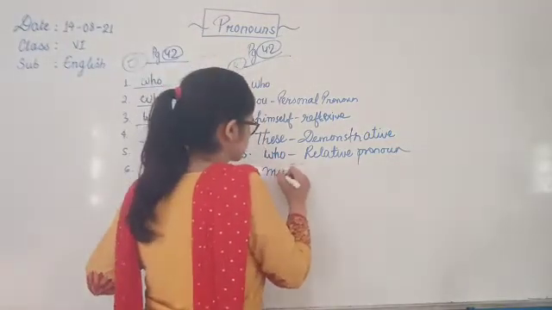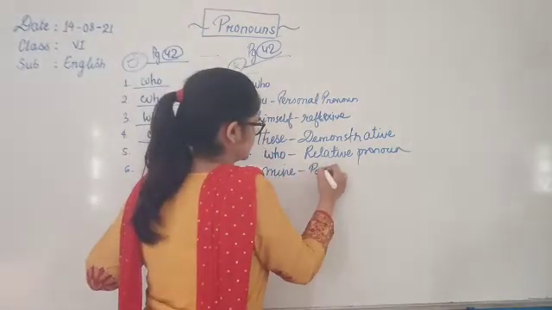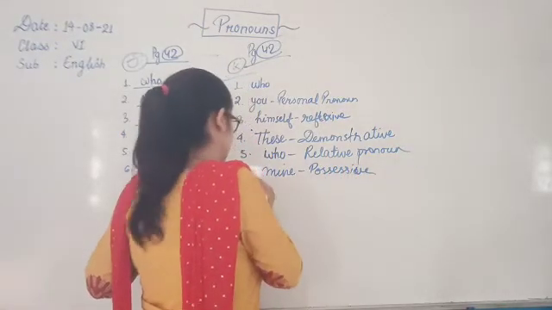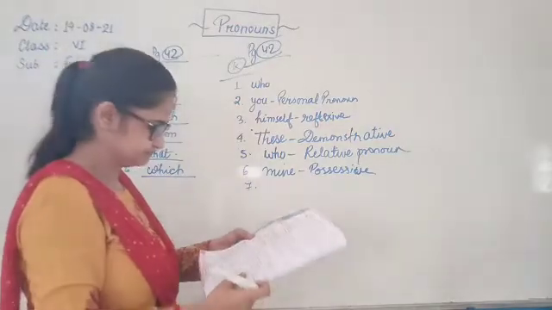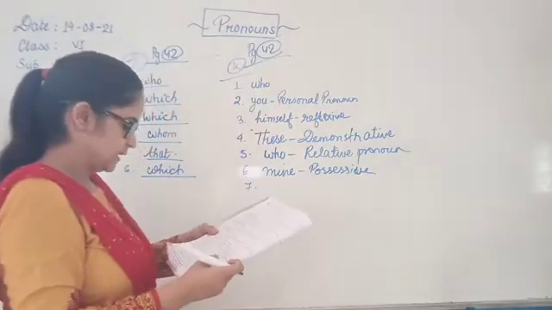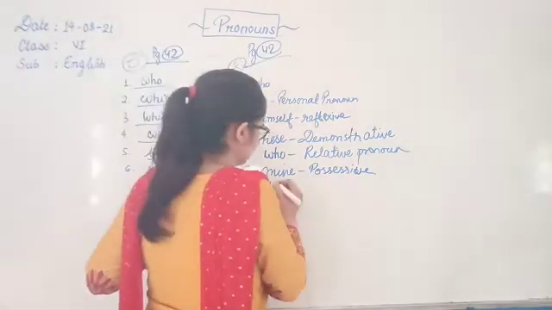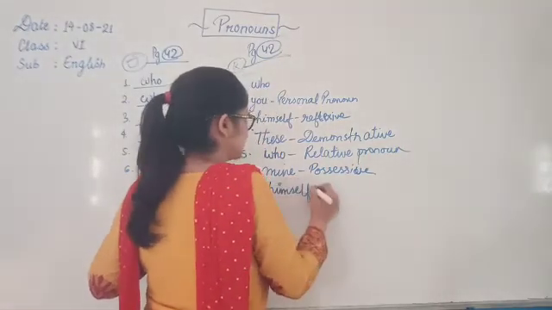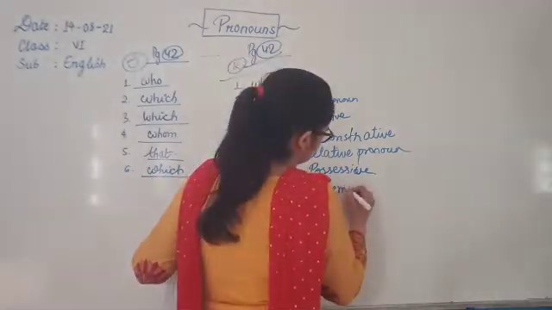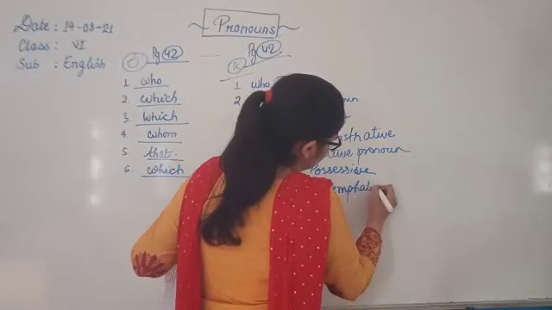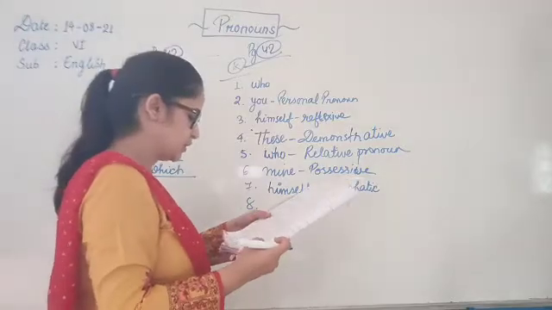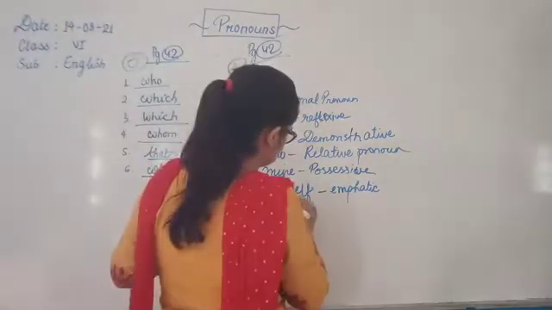The word mine is possessive, showing possession of the book. Number 7, he himself. You can see just after he we have used himself. So here it's not reflexive, instead it is emphatic. Number 8, the boy who gave. Again we have who, it's relative.